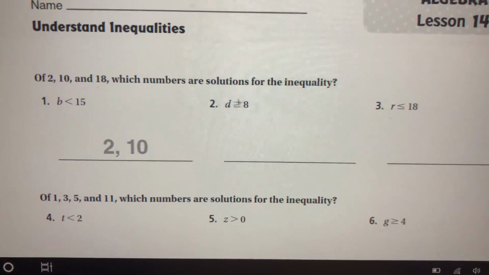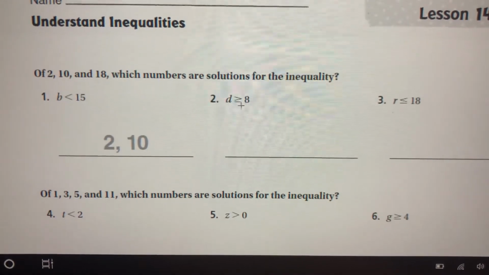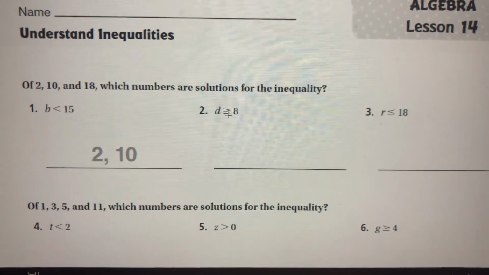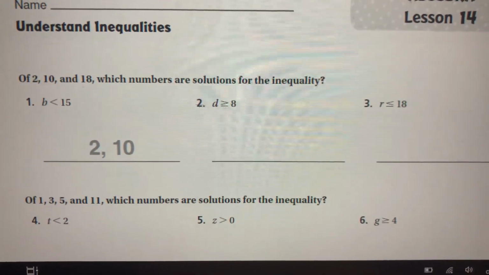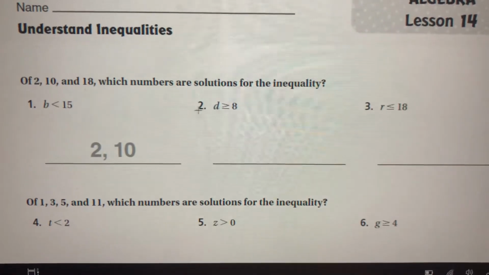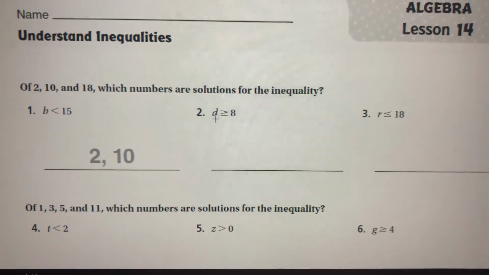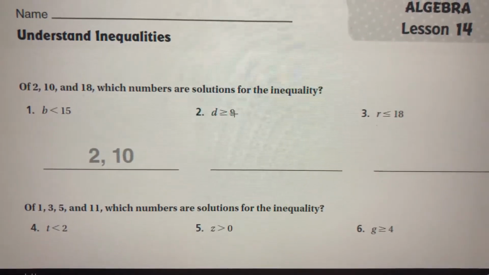D is greater than or equal to 8. Whenever you see that little line underneath the less than or greater than symbol, it means equal to. So that means that you can use, if we had the option, you can use 8 to replace the variable, because it's telling you that it can be greater than or equal to 8.